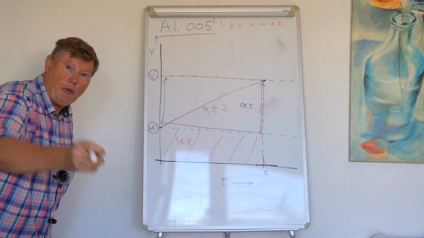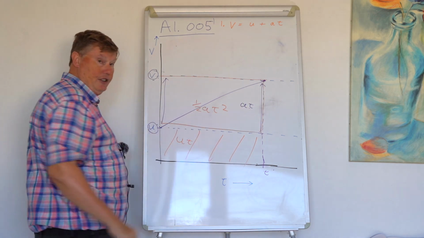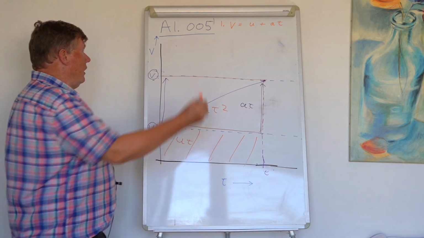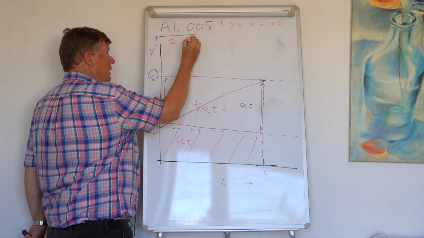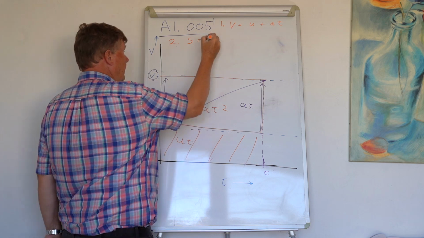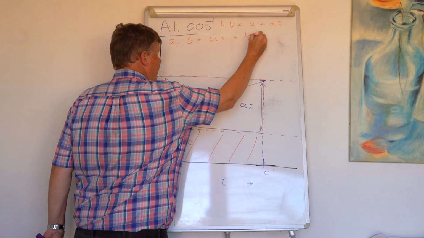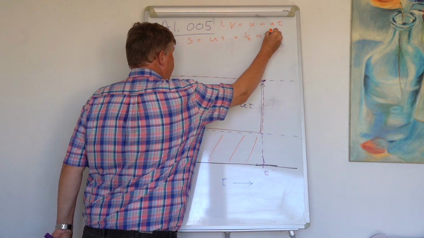But we don't want the whole box, we just want this half, so it's half at squared. And so equation number 2, displacement s equals ut plus a half at squared.